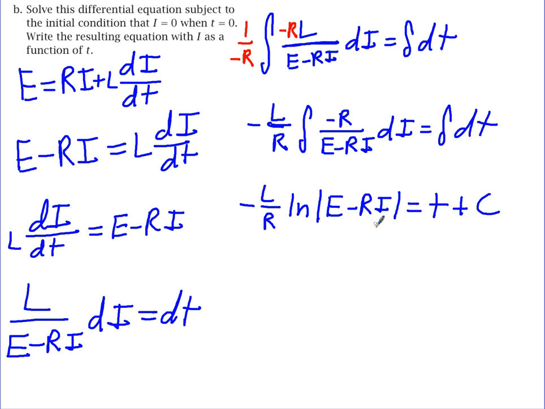Great. Okay, so we're going to need to solve for I now. We want I as a function of t. So let's do that. Ugh, this is going to be a mess. Let's isolate the natural log first. I'm going to multiply both sides by the reciprocal of that term, sorry, so we're going to multiply both sides by negative r divided by L, so I can put this natural log by itself.